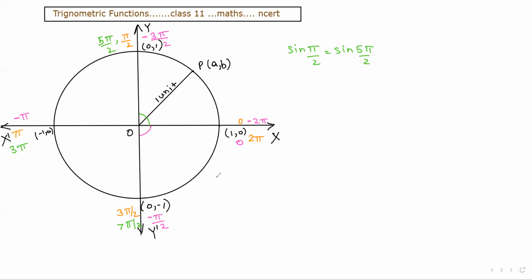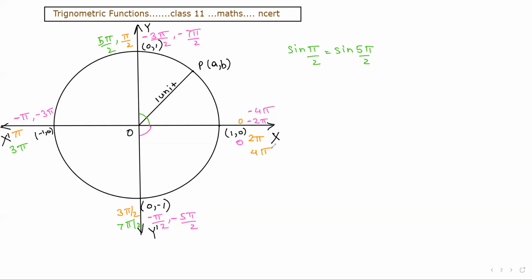So you started with 0 and ended up with minus 2 pi. If you continue further, you'll reach minus 5 pi by 2, minus 3 pi, and ultimately minus 7 pi by 2. Later on, minus 4 pi. In the earlier situation, you would have had positive 4 pi.